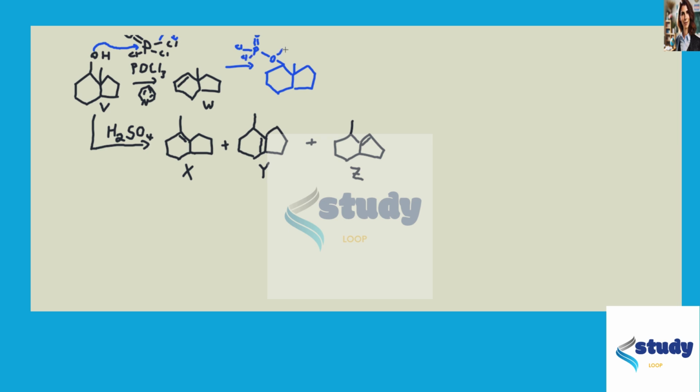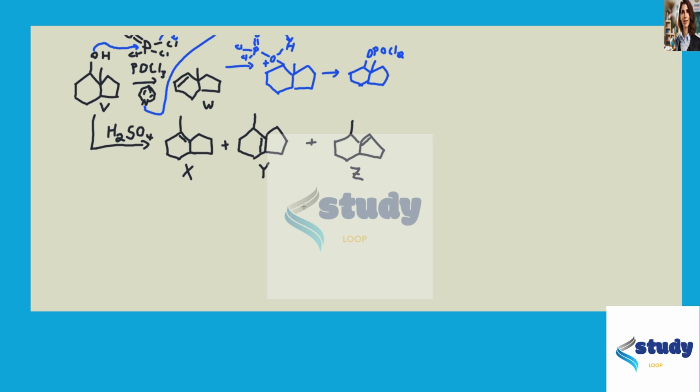And remember, pyridine is used as our proton mop. So this proton here will be deprotonated by pyridine to just neutralize everything and help the reaction go to completion. So now we made a very good leaving group from this bad leaving group that we started from.